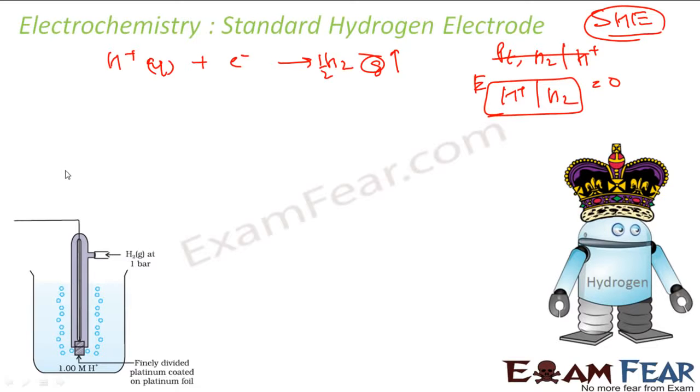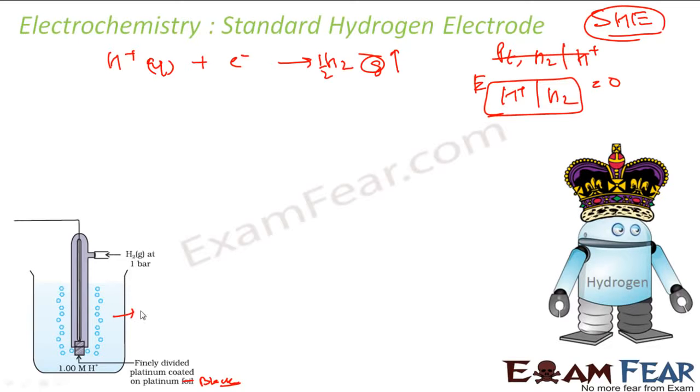So in this case, this hydrogen electrode or standard hydrogen electrode, it will consist of a platinum electrode. This is a platinum electrode here, and this is coated with platinum black, right? Platinum black. And this electrode is dipped in an acidic solution.